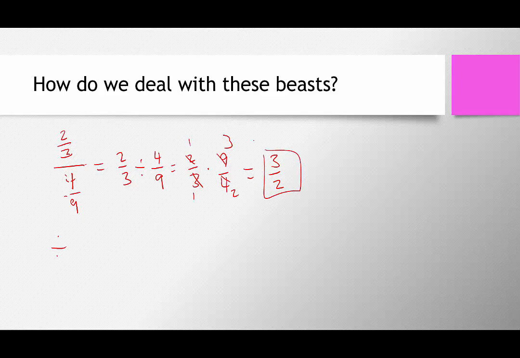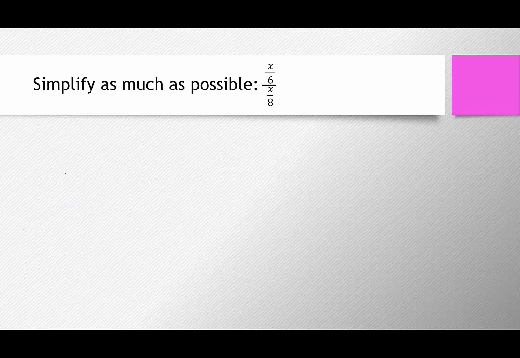We want to take the giant division and rewrite it using this symbol, and then rewrite the division of fractions as multiplication by multiplying by the reciprocal of the divisor. So we want to simplify this one as much as humanly possible. We have x over 6 over x over 8. The first thing I want to do is just rewrite it as x over 6 divided by x over 8. Now we can say, okay, great, it's a division of fractions.